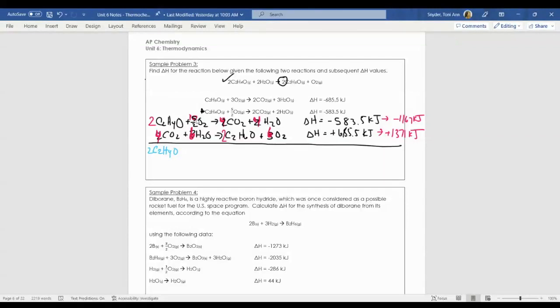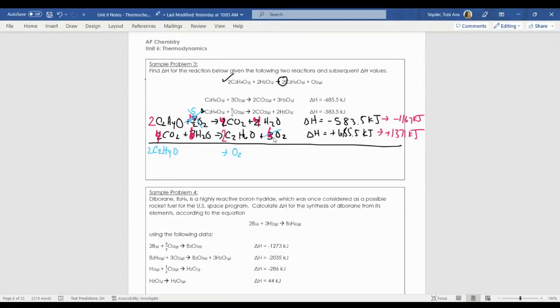Looks like I have 5 O2s because 10 divided by 2 is going to give me 5 O2s. And it looks like I have 6 O2s over here. So if I have 5 and 6, I have 1 O2 that's left over on this side, actually. So I don't have to include oxygens here. In fact, I'm going to draw my arrow so it makes it a little bit easier. I have 1 O2 remaining on my product side because I have 5 here and 6 here.